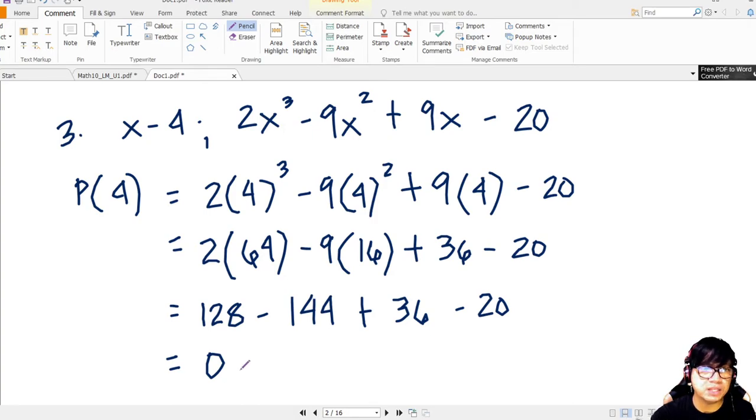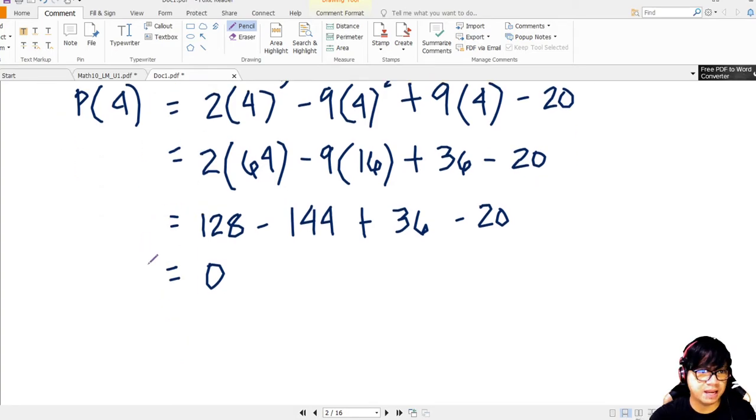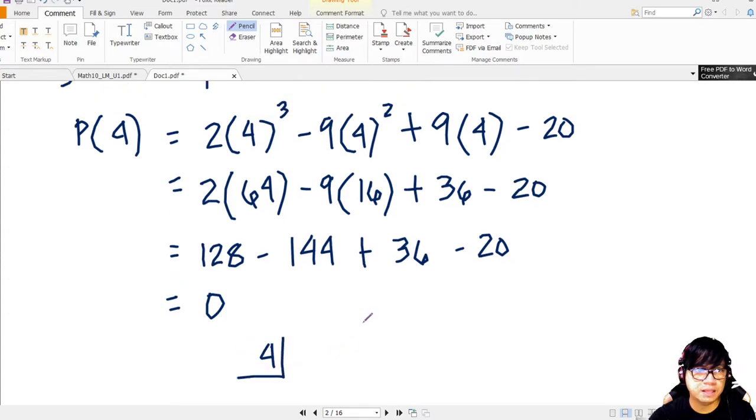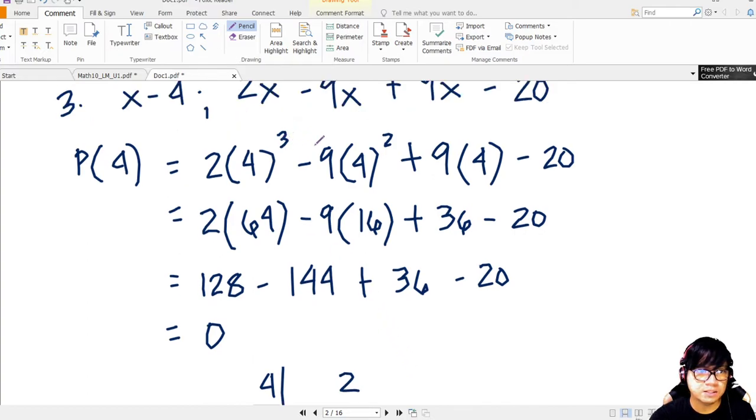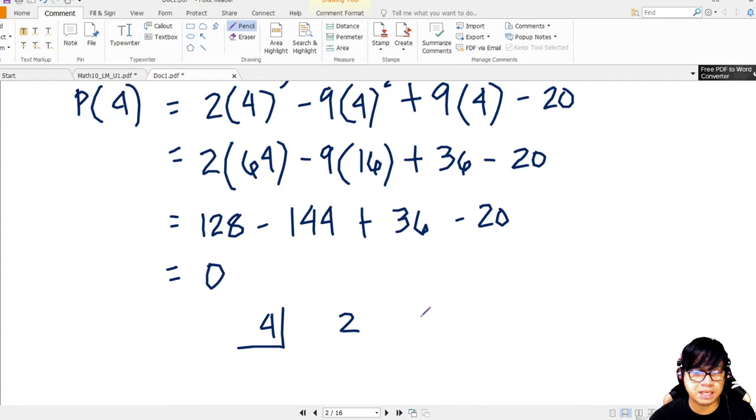If you want to verify, let's verify using synthetic division. For our divisor 4, the first coefficient is 2. Is there a missing term? We have cubed, squared, x, and constant, so there is no missing term and nothing to insert. Minus 9, 9, minus 20.